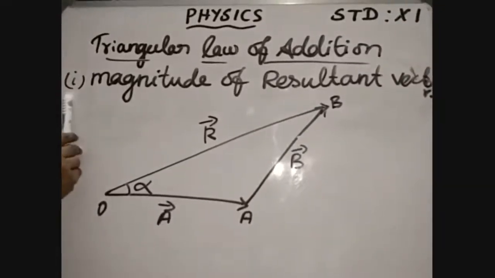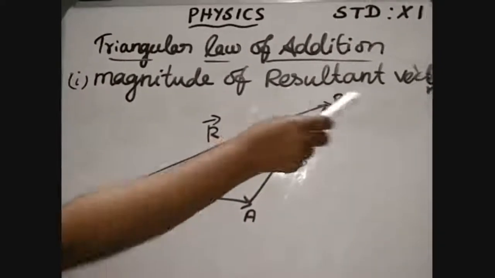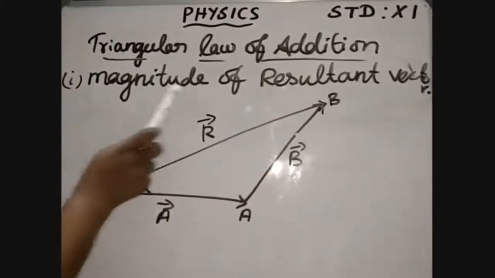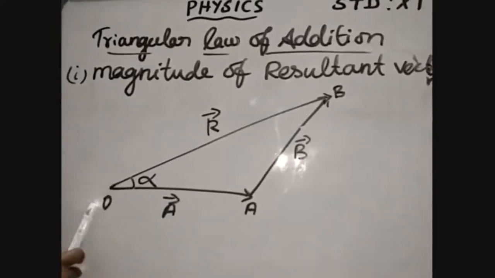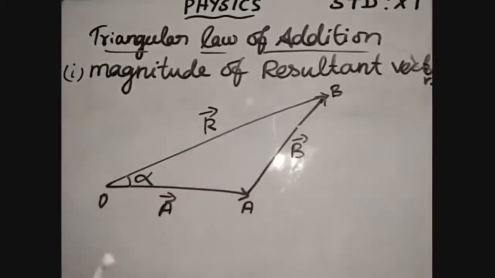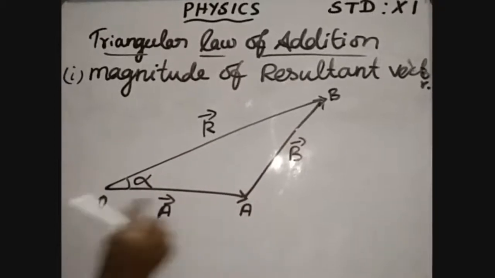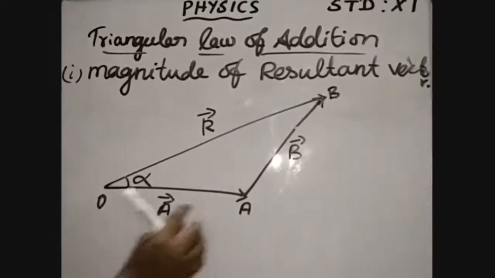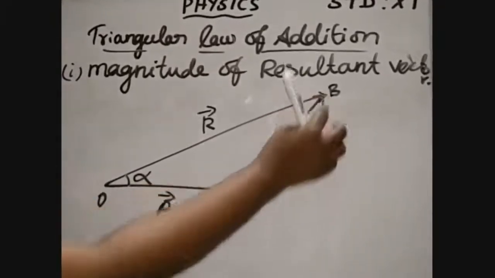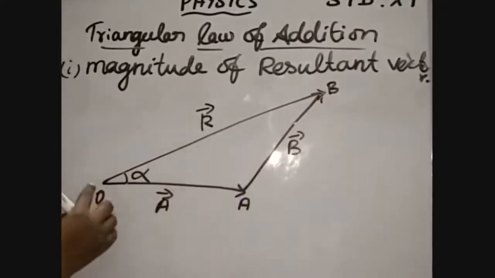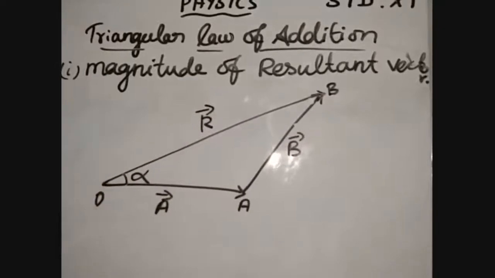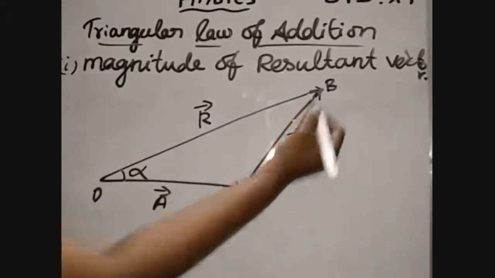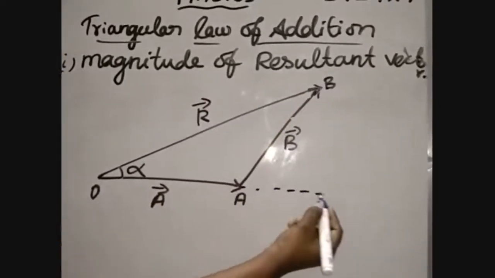First we are going to find out magnitude of resultant vector. Here magnitude means value. Now consider this triangle OAB. Here the portion OA is called A vector and the portion AB is called B vector. The portion OB is called R vector. Now extend the portion B and A like this.